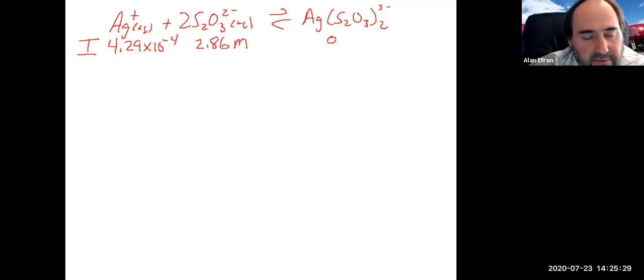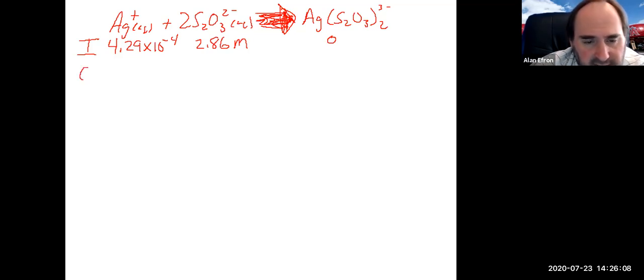So it's usually pretty safe to make the assumption that in this particular case, even though I double arrowed it here, because of that K value, it really is almost 100% heading towards the product side. And what that means is, just like what we saw with the copper in the previous example, we should expect that all of the silver gets pretty much used up. And when we do solve for the silver, any free silver that's still there should be a really, really small number. So we're going to do the same thing.